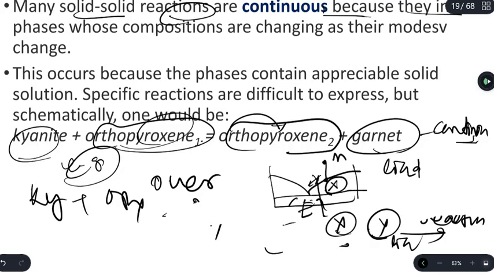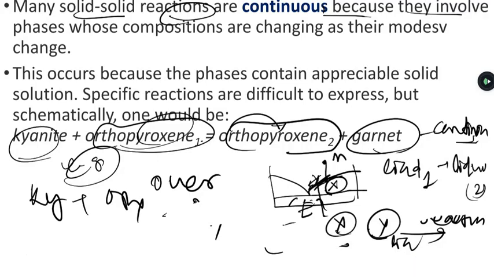So X will be, suppose, liquid 1 giving rise to liquid 2. Am I right or wrong? So along that line the continuous reaction is happening and it is continuously producing different phases of different composition. Clear? So that is called continuous reaction. So along that line of the eutectic, what is happening is called continuous.